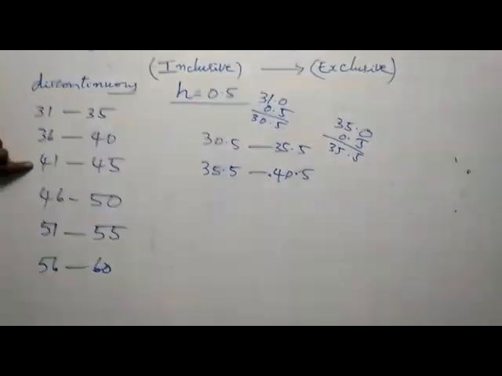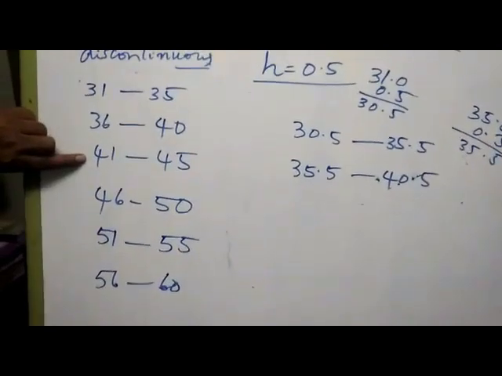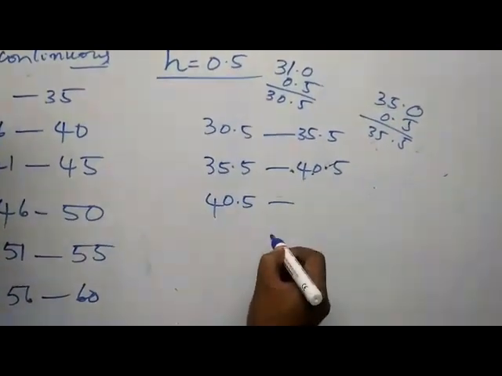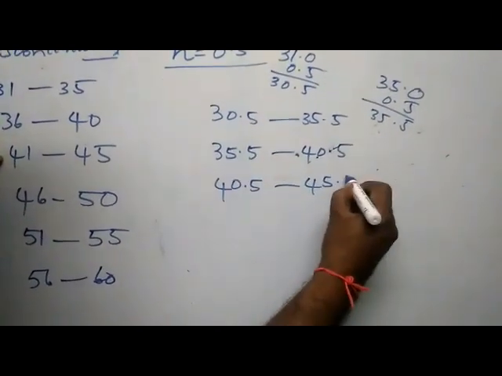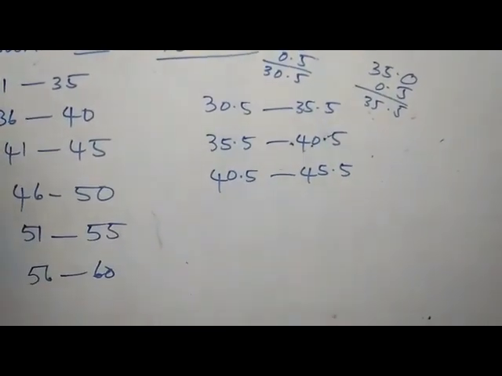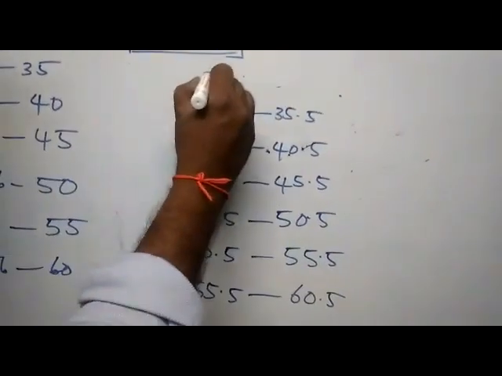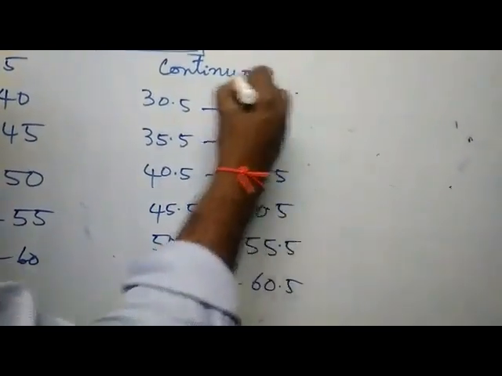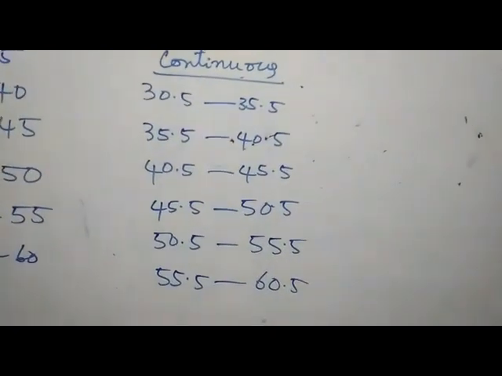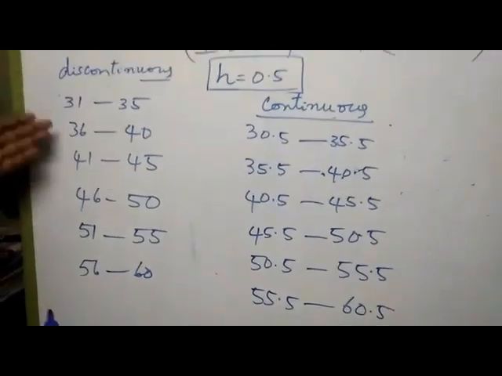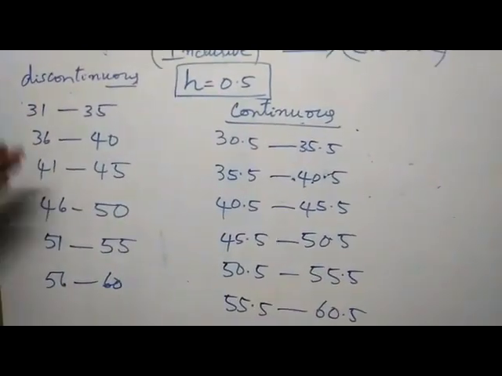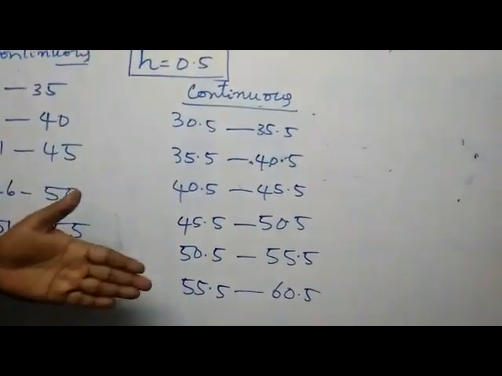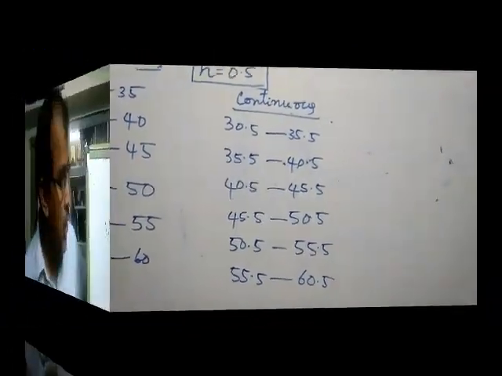Next, coming to this, 41 minus 0.5 is 40.5. Next 45.5. You can do like this. Good. This is a continuous class interval. If the given sum has class intervals that are discontinuous, easily you can convert them into continuous and find the median.